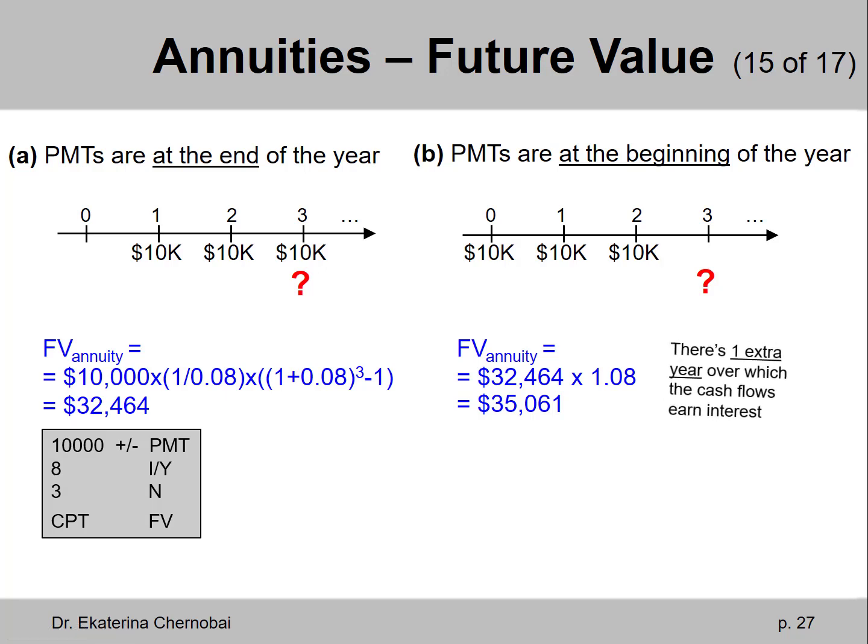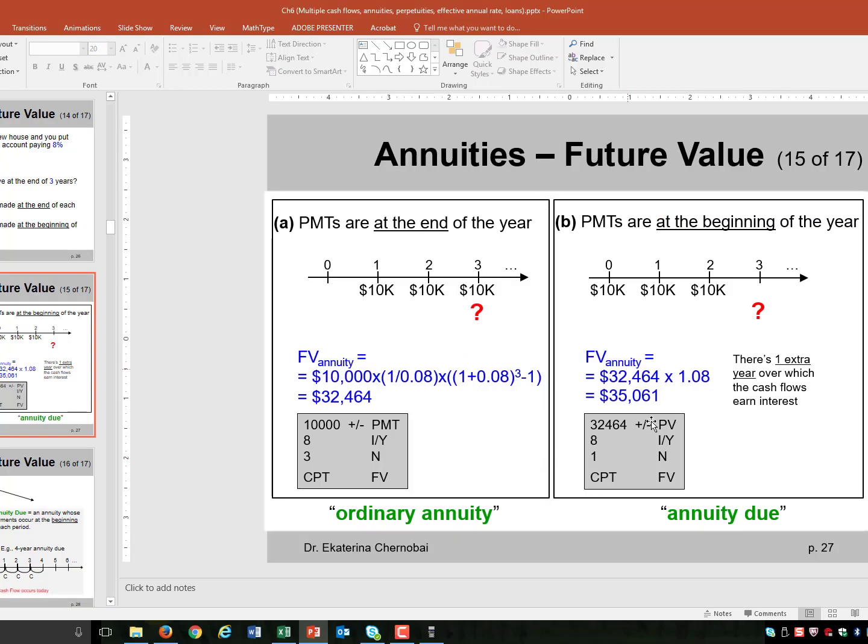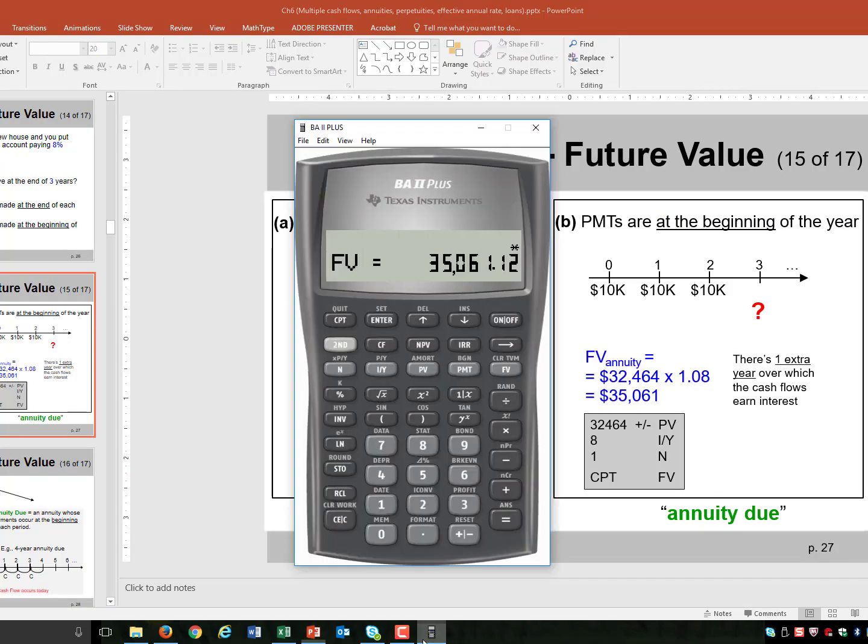And what we did in this step, in the financial calculator, the way you would do this step is, let's clear everything first. You would take the answer from part A, which is behind the calculator. That's $32,464.